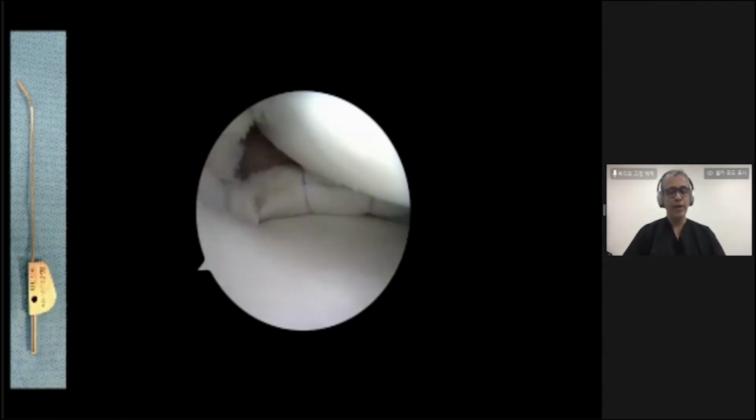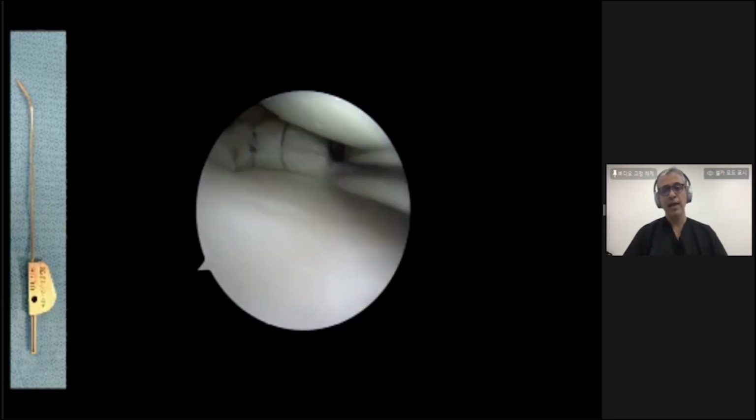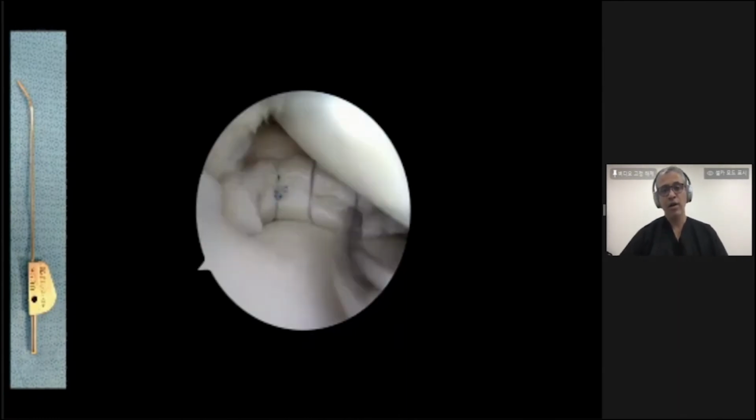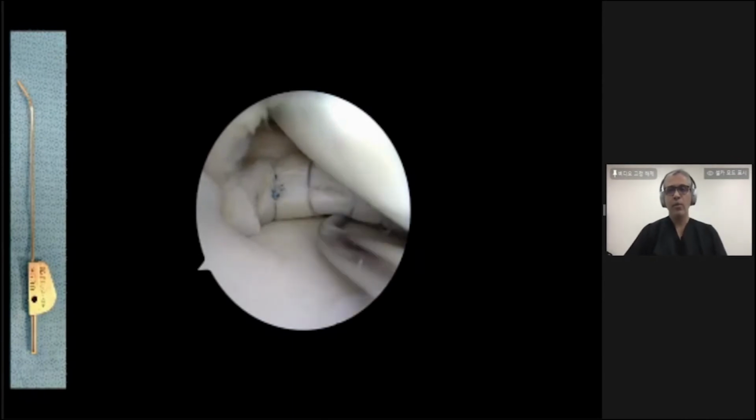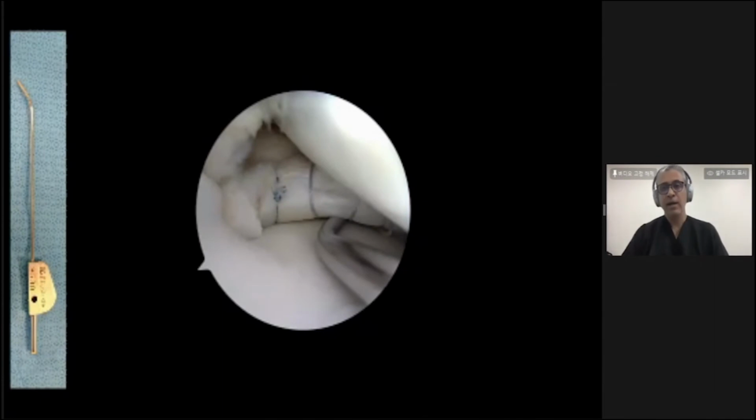When you finish repairing this meniscus, you want to ensure that you've had a good repair, a repair which you feel is mechanically strong, because the only thing that we can easily alter is to provide a meniscus repair which has been reduced anatomically. We provide biology by doing all sorts of biological augmentation techniques.